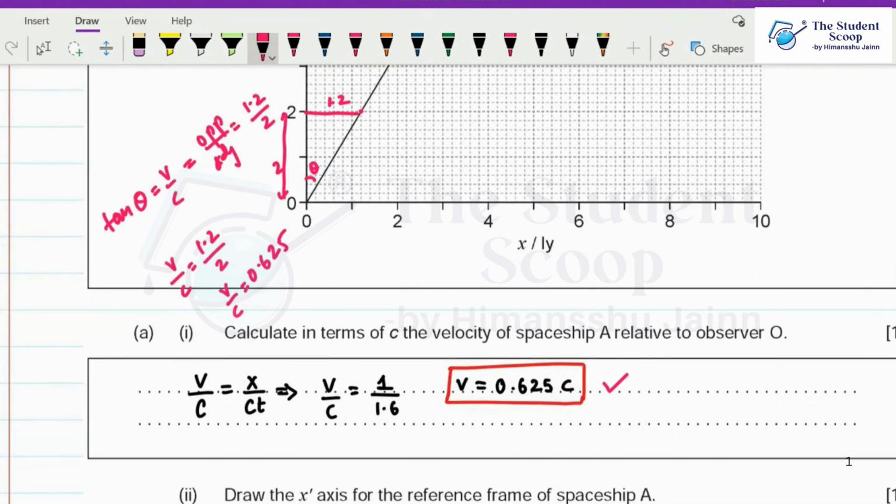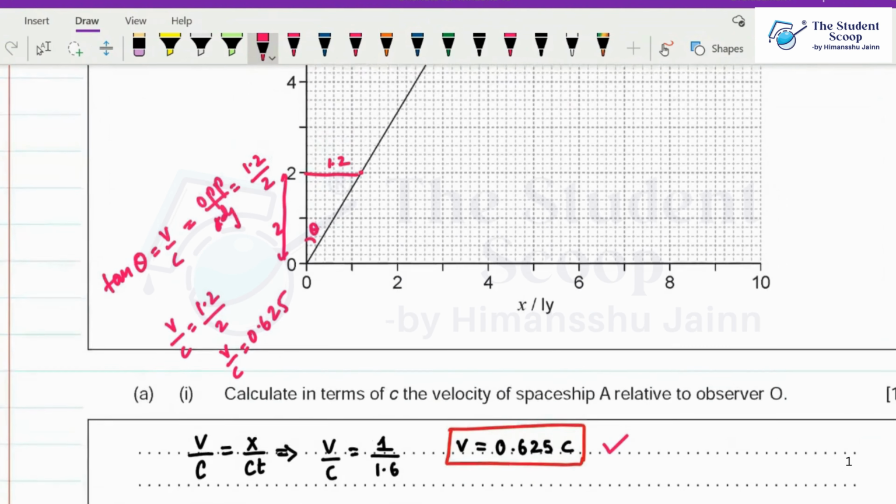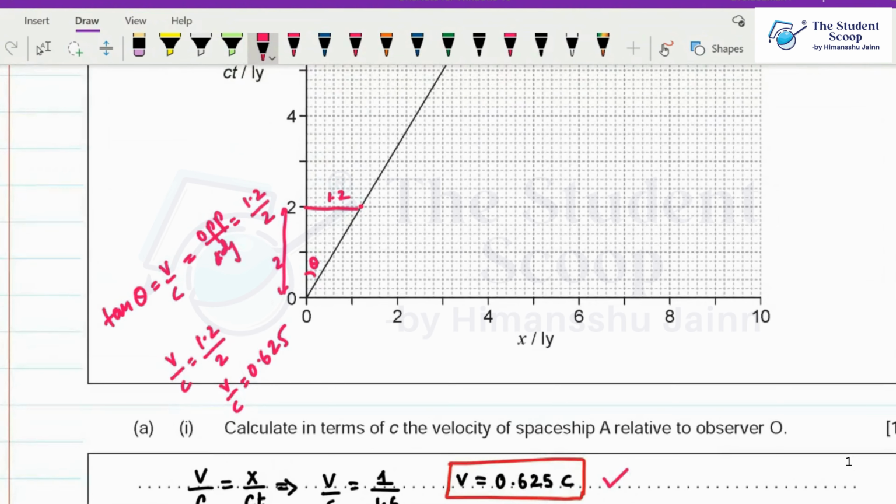The next part of the question: draw the x dash axis. The x dash axis will have the same angle, but with respect to the space axis. So I will draw a straight line. First, I need to mark that point similarly: 2 to the right and 1.2 up. So something here.